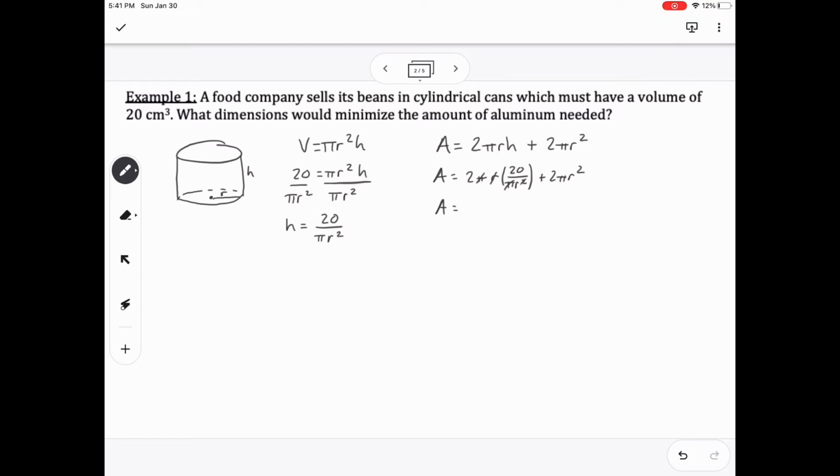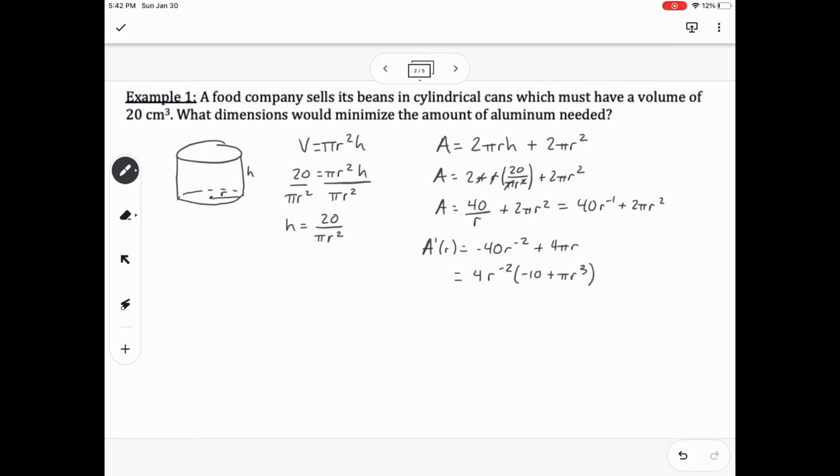And so since it has an h in common, I can take the h that I solved for in the first formula and plug it in, and that allows me to have a formula where I just have r. Okay, that's what we're kind of looking for with these. Yes, we have tools to help us differentiate when we have two variables, but here they're not giving us enough information like we did in related rates to be able to find both of those or kind of plug things in.